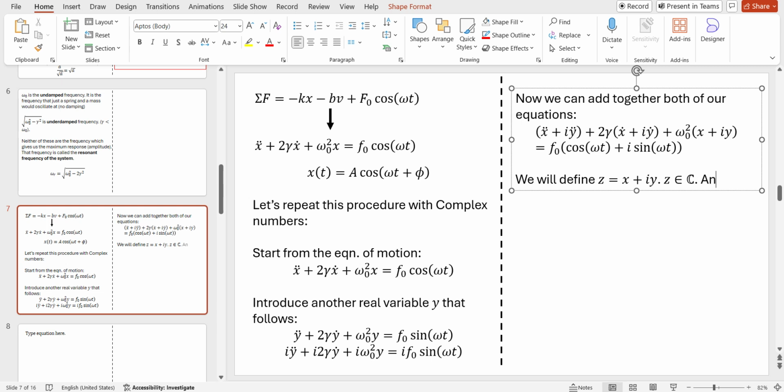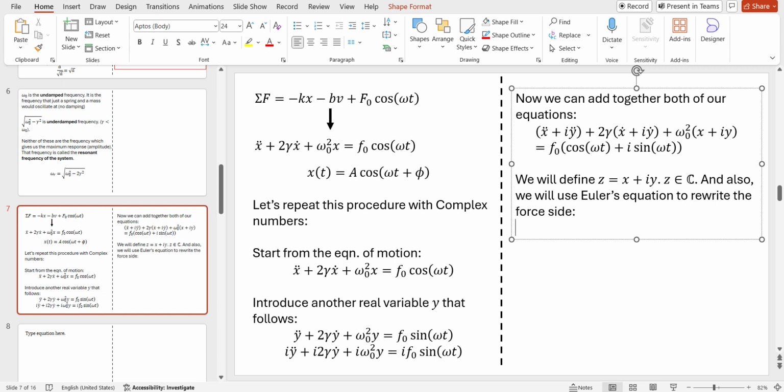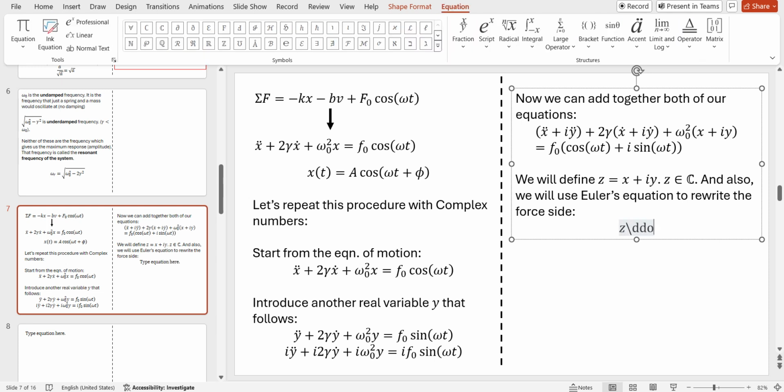So we will use Euler's equation to rewrite the force side. So we're going to end up with z double dot plus 2 gamma z dot plus omega naught squared z equals F naught, and we're going to write this as e to the i omega t.